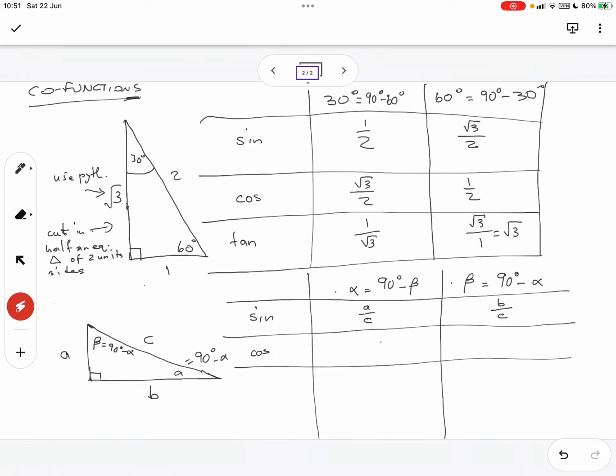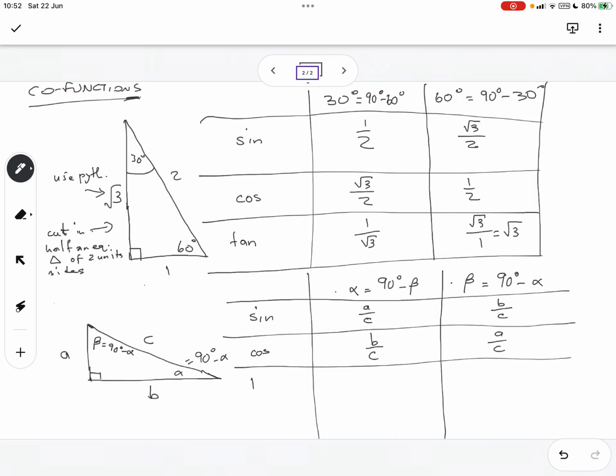B, and the hypotenuse remains the same. So the cosine of alpha is B over C. And then if we look at the angle beta, the side adjacent to beta is A, then the cosine of beta will be A over C.